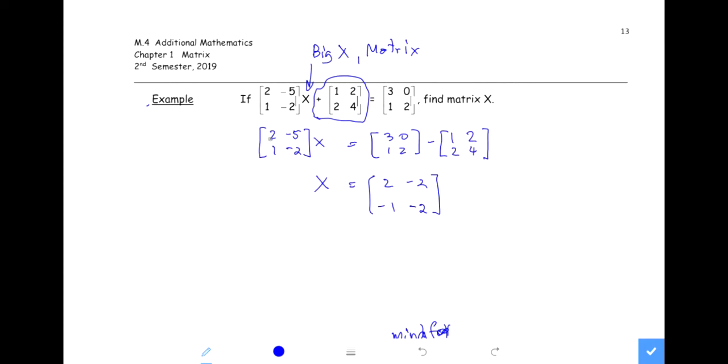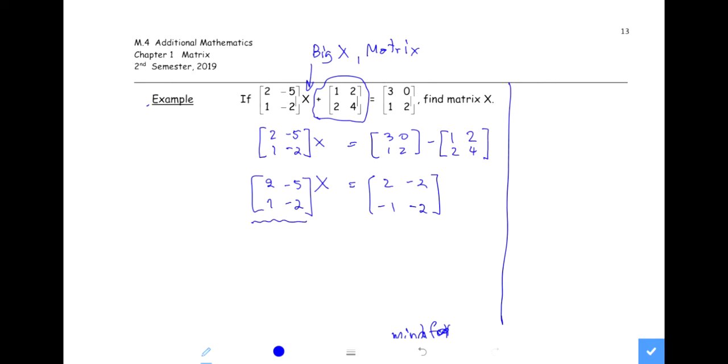So you have to multiply the inverse of this one to both sides. Let's have some working space out here and find the inverse of this one.